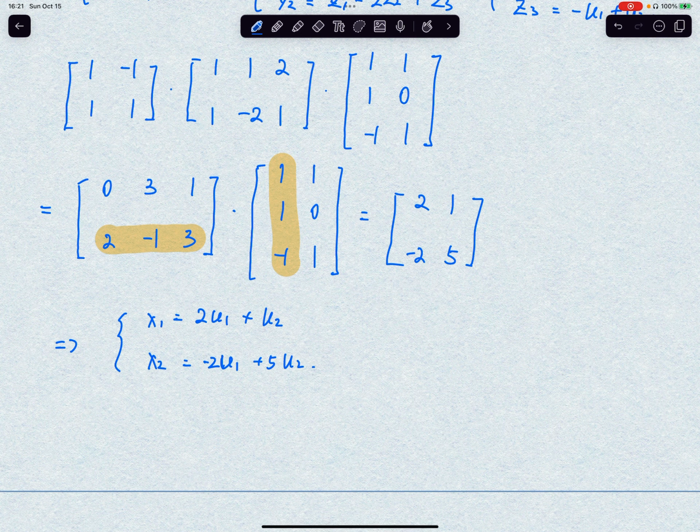And we're done. So a very useful fact is that when a rectangular matrix A is multiplied, for example on the right, by a diagonal matrix with elements on the main diagonal being a11, a22, up to ann, then the columns of A are multiplied by the diagonal entries respectively.